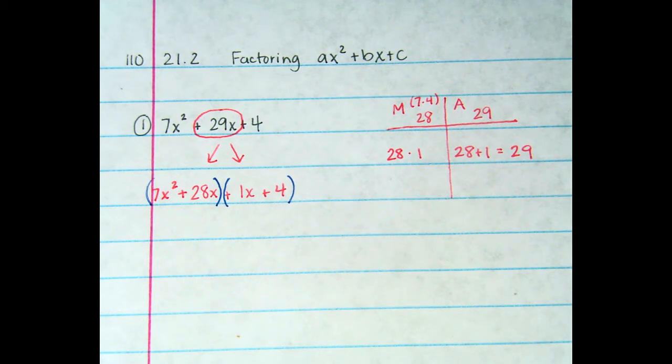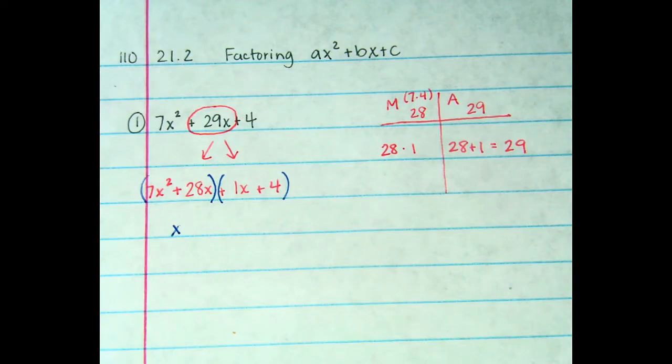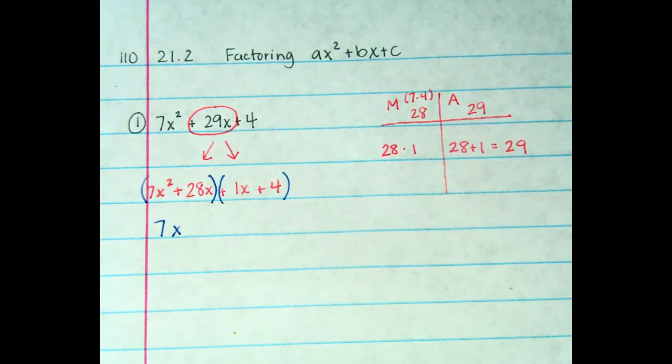You take out, which is dividing, the greatest common factor. So what does 7 and 28 have in common? They do have an x. Is there anything else? Not 4. Somebody said it. They do have a number, but it's not 4.